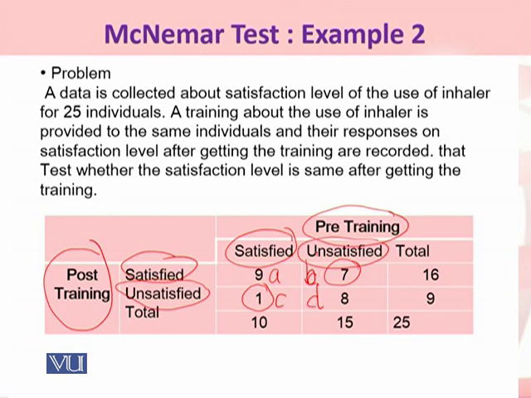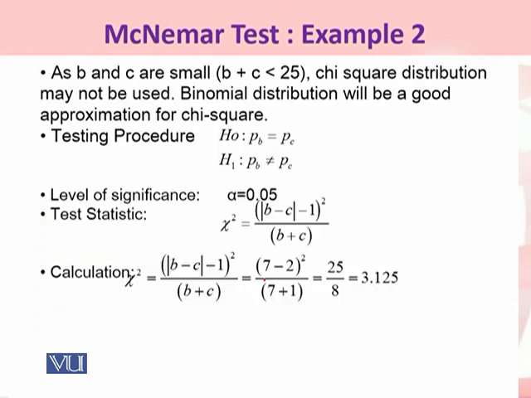So if we are talking about B and C, if B plus C is less than 20, then we cannot apply the chi-square McNemar test. So students, if the B's and C's, as I've told you, are small, that means B plus C remains less than 25, so the chi-square McNemar may not be applicable.